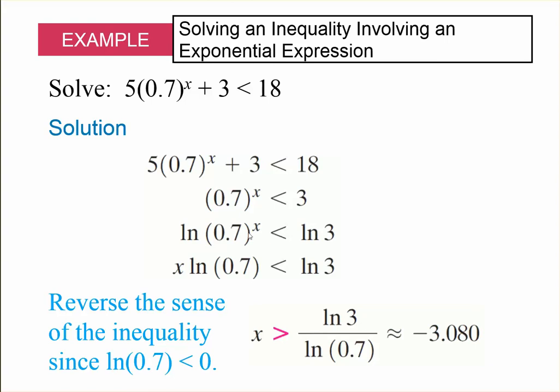Or log, whichever one you like. So what does that allow us to do? It allows us to take this x and put it out in front. There it is. And so I'm ready to solve for x. I'm going to divide through by ln of 0.7. Now real quick here on your calculators, punch in ln of 0.7.